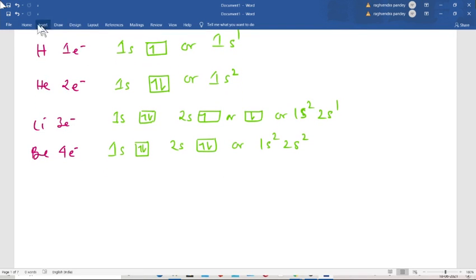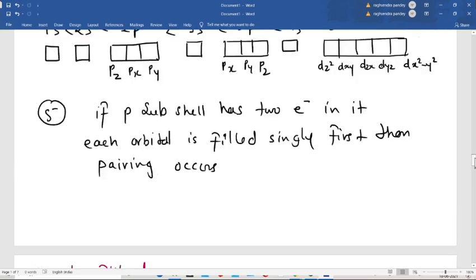Then comes boron. Boron has 5 electrons. The main problem comes in nitrogen and these things. Boron has 5 electrons, so 1s has 2 electrons, 2s has 2 electrons. So 2 and 2, 4, and the fifth one will go in which orbital?